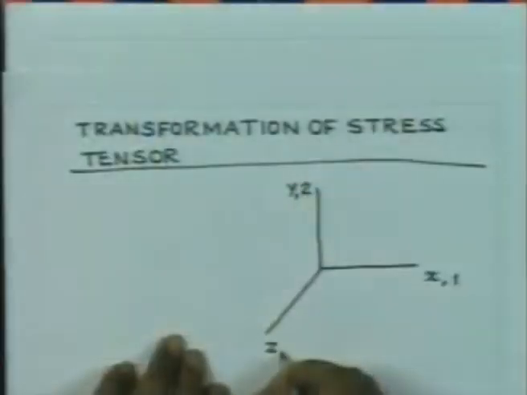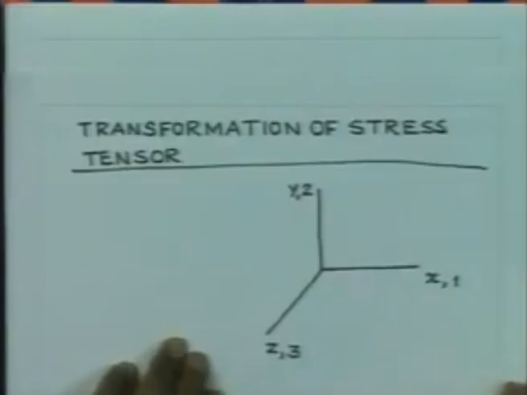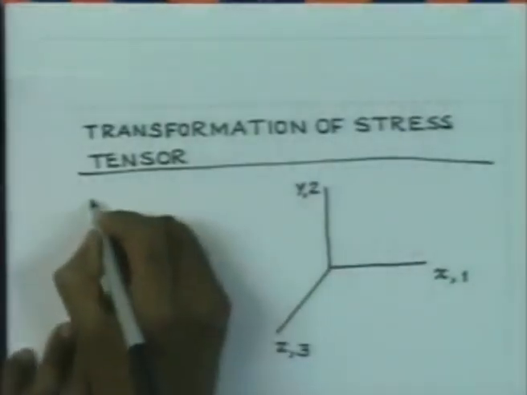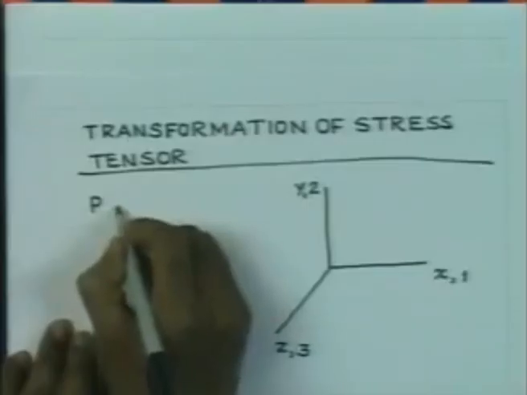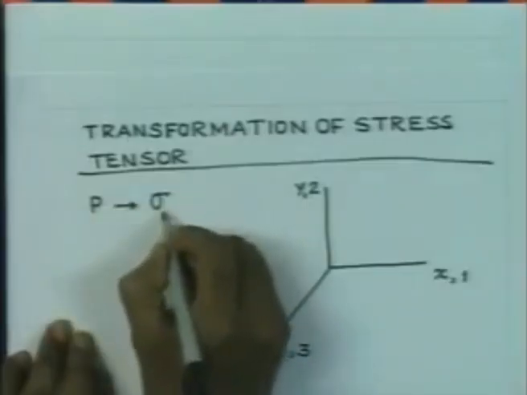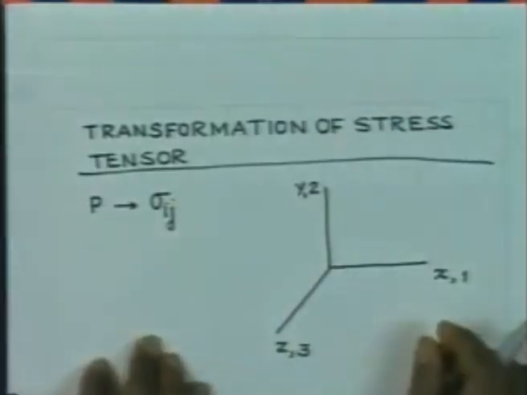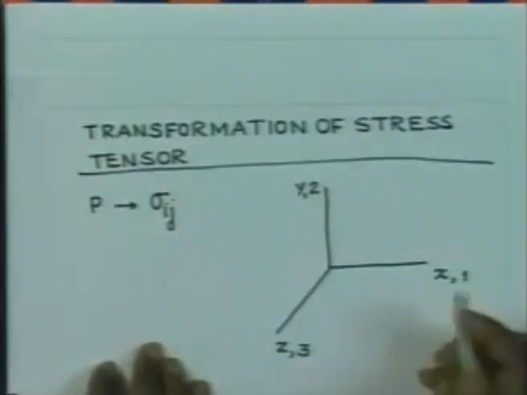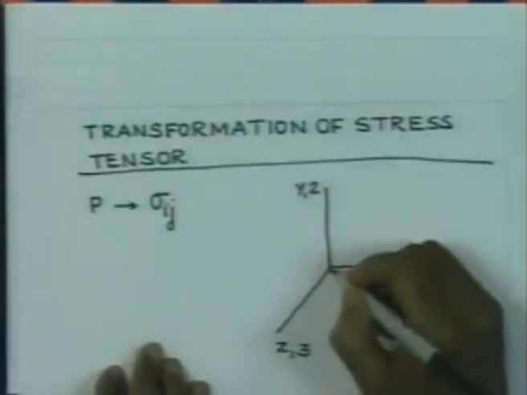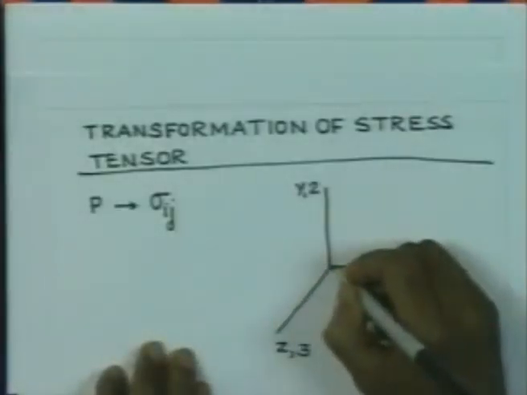Let us consider that we have three directions like x, y and z, which we can also write as direction 1, 2 and 3. Suppose the stress at a point P is given by the tensor sigma ij. You have 9 components of stresses in 3 dimensions. Now, we would like to transform these stresses to another coordinates.